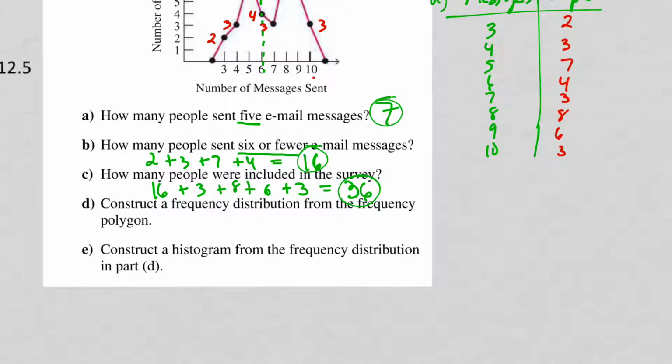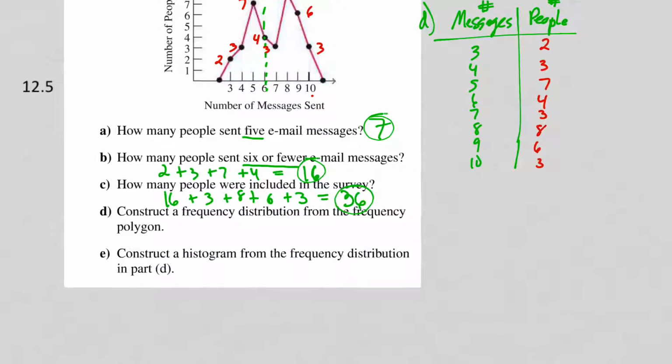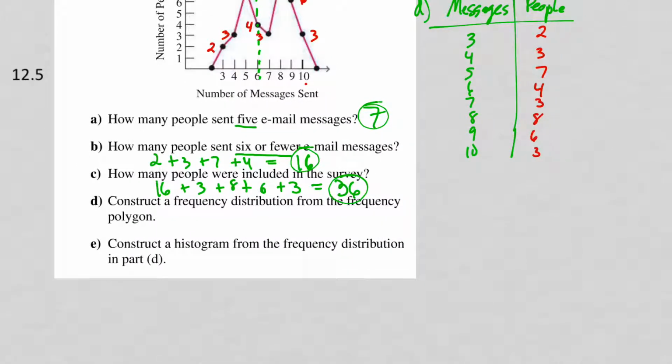Now, a histogram of the same information. So 3, 4, 5, 6, 7, 8, 9, 10. Okay, so 1 to 10 as well.